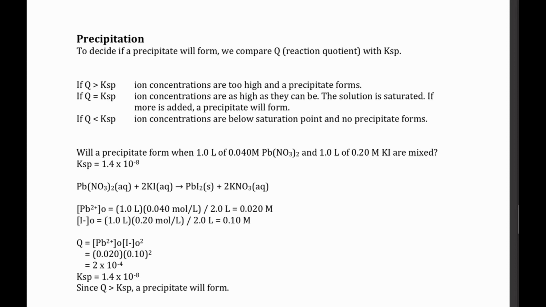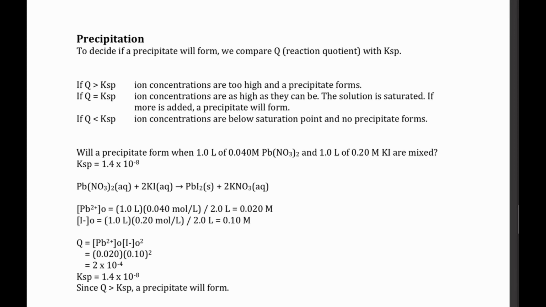So what we do is we determine the initial concentration of the lead ions and of the iodide ions. So for the lead ions, we take its liters, 1.0 liters, times its initial molarity, this stock molarity, and then we divide by the total volume, which is 2.0 liters, and we get 0.020 molar.